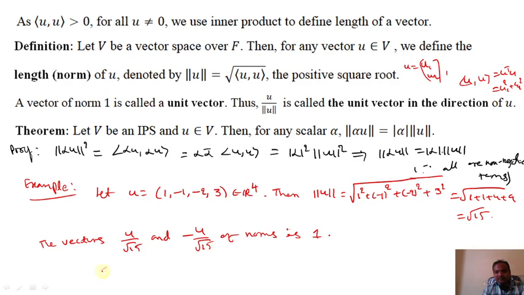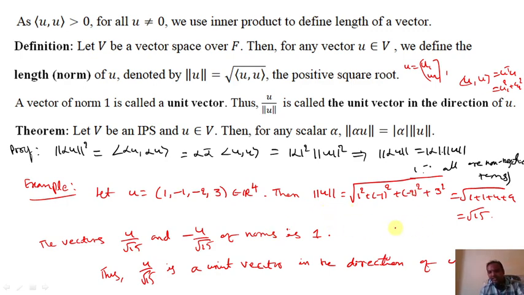Thus u by root 15 is a unit vector in the direction of u. Length means the norm value, under root this one with the standard inner product.